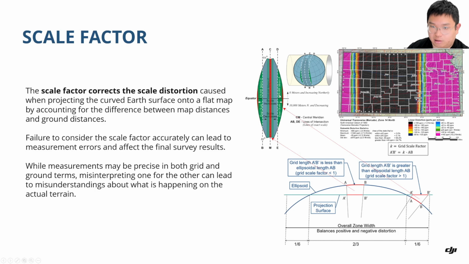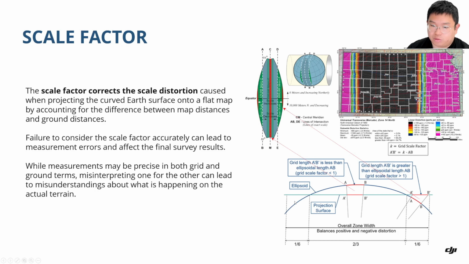The DE line over here will also be intersected here. And along this part again, the curvature from the ellipsoid surface touches the projection surface, which is the straight line over here. So at these two intersections, there will be absolutely no distortion.